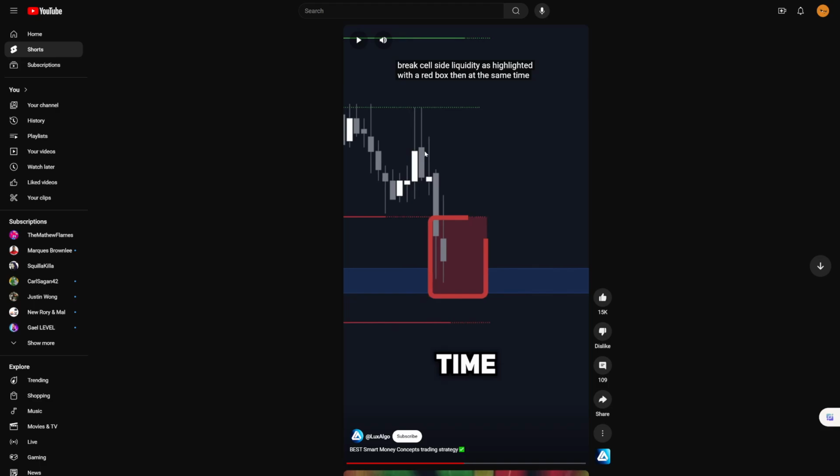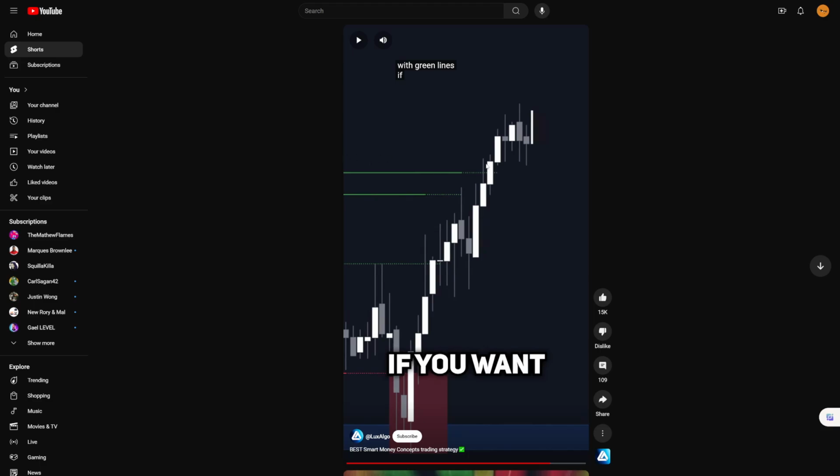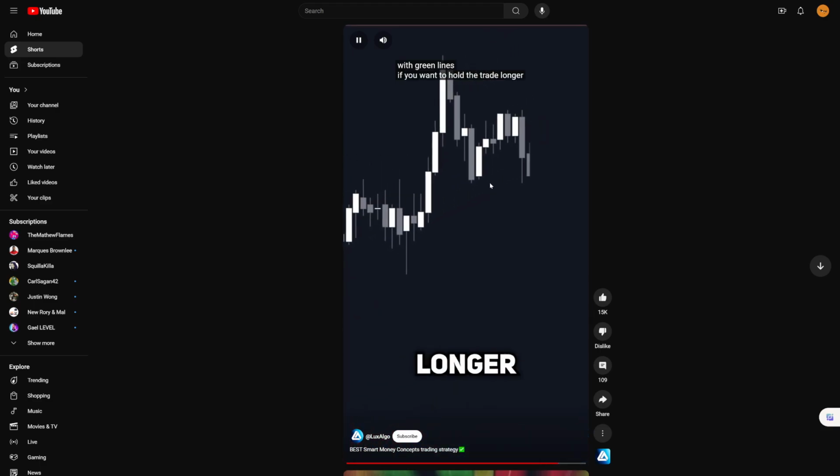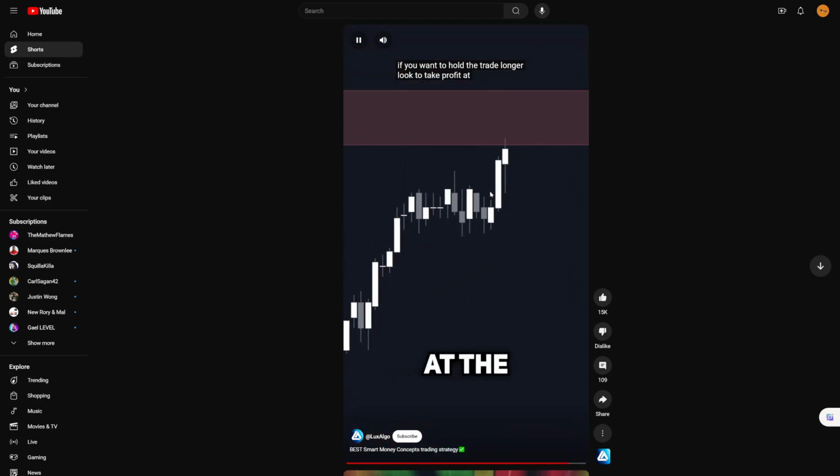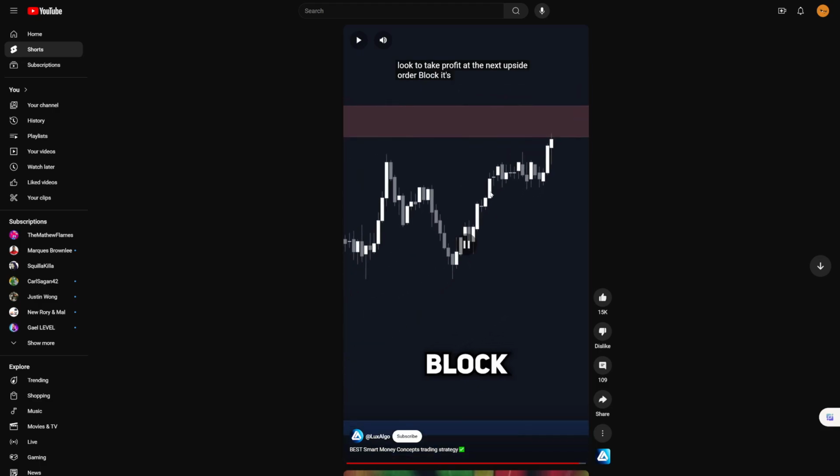So after a stock hits support and then reverses at a specific support level, using the indicator, it's pointing out where that support level is, and that's where your buy entry can be. Then take that up to where the resistance levels are. If you want to hold the trade longer, look to take profit at the next upside order block. So that's essentially what they're detailing in that video.